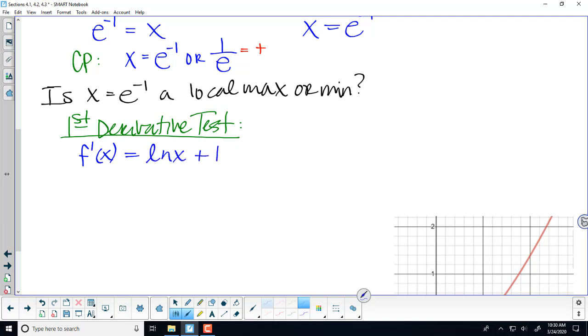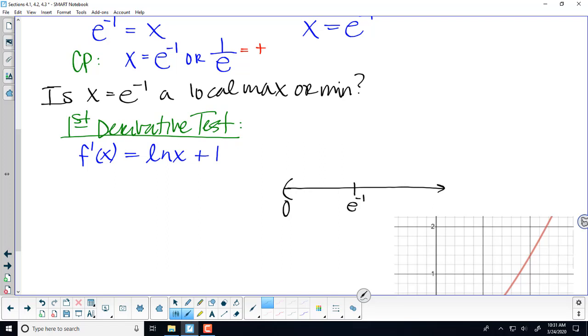Okay, and so we're going to do our number line. And one thing that's different now, I don't have an arrow here. Remember, our domain is 0 to infinity. So it starts at 0, goes to infinity. So our critical value here is e to the negative 1.